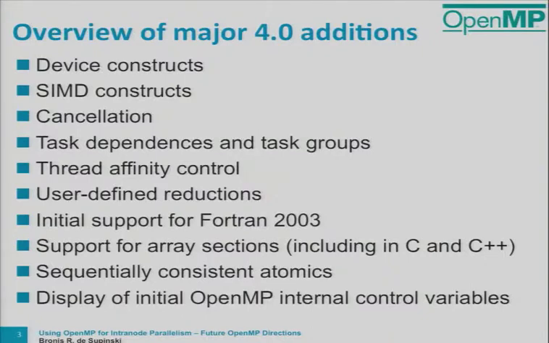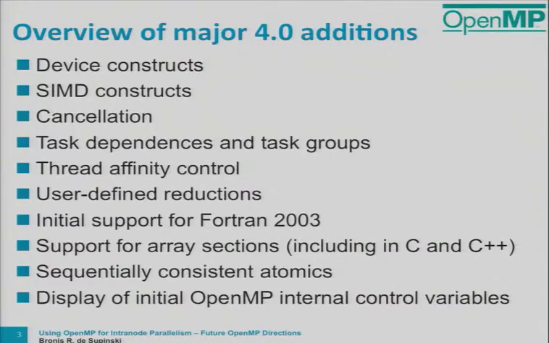Task groups allow you to group up a set of tasks that are created in a dynamic context, cause all of those tasks, whether they're at that level or if they're descendants at that level, to be waited for at the end of the task group. In addition, we've added something called task dependencies that now allow you to specify, do not execute this task until this previously created sibling task has completed.